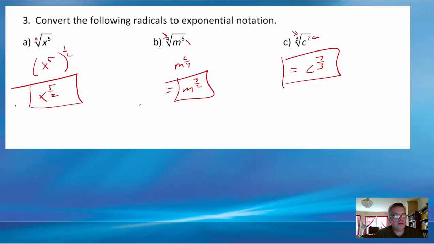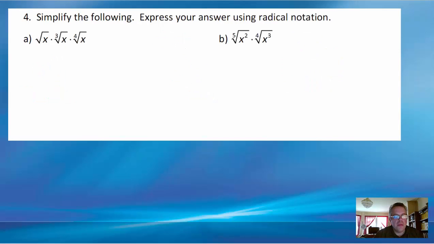All right, today in class we started something new. We started multiplying expressions like these, and our job was to simplify them. The way we're going to simplify this is convert them to exponential notation. Again, remember, if there's no index here, it's assumed to be a 2 for square root.